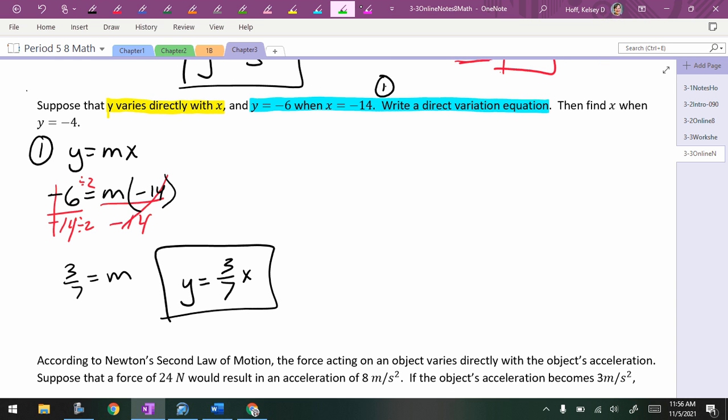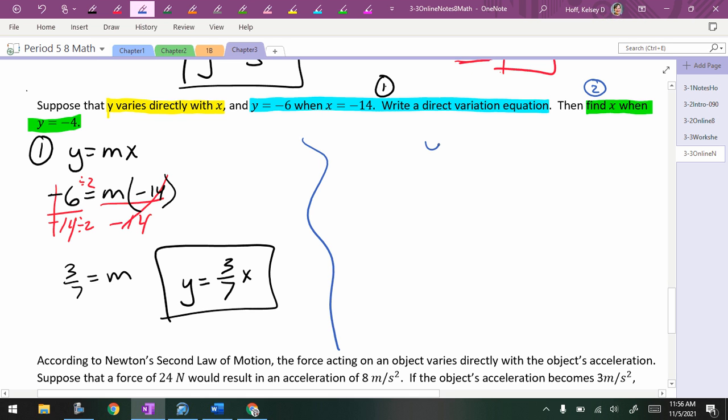Okay, part 2. Find x when y equals -4. Somebody tell me what's different about this problem. Yeah, they tell us to find x this time. Every other time we've been finding y. And as Gatlin pointed out on the last one, you know you replace x because it said x equals.